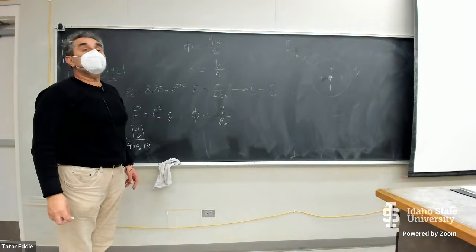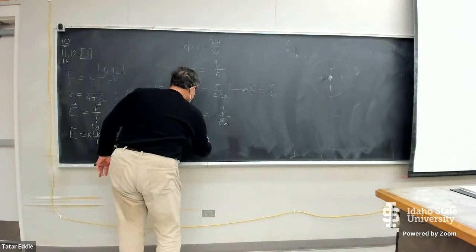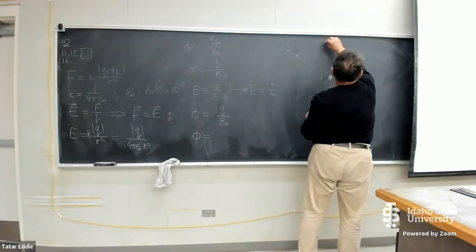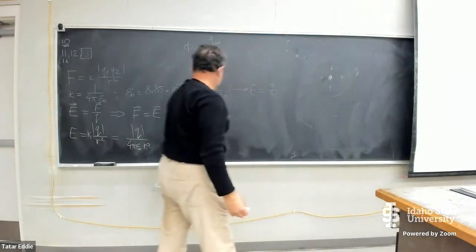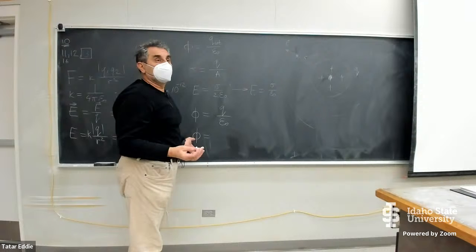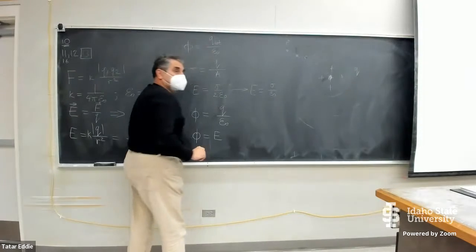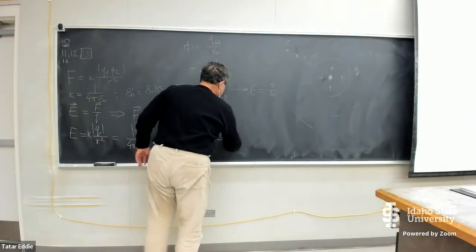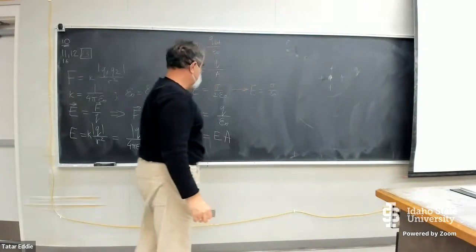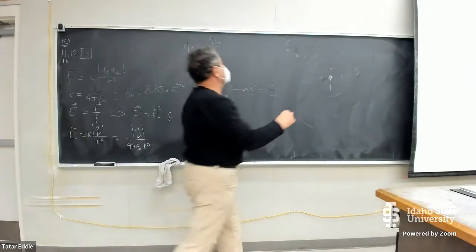On the other hand, you can calculate the electric flux phi that goes through this spherical Gaussian surface. How can you calculate it? Well, by using the definition. The flux is equal to the magnitude of the electric field multiplied by the area of this Gaussian sphere multiplied by the cosine of the angle between the normal to the area and the field.